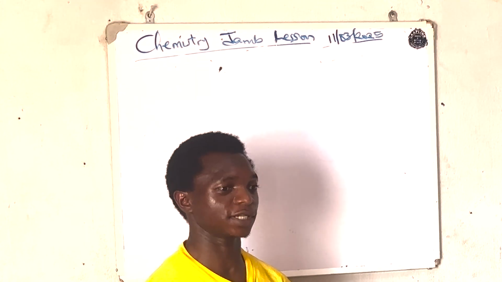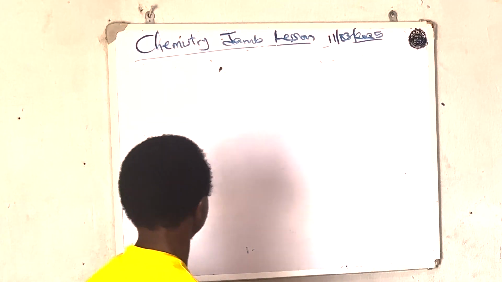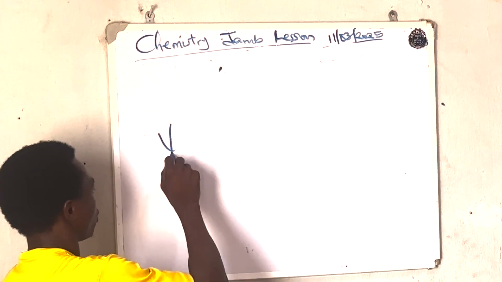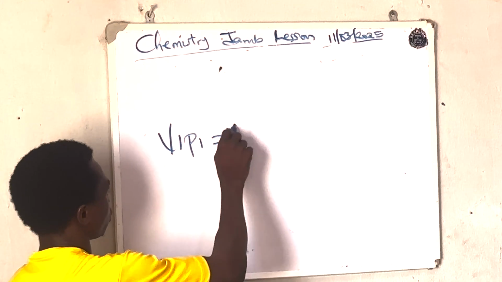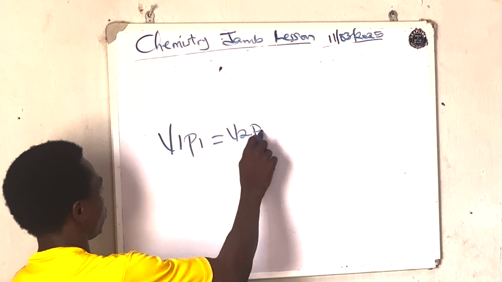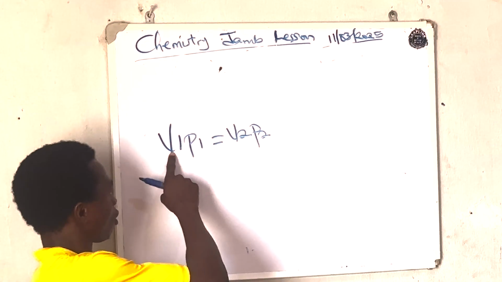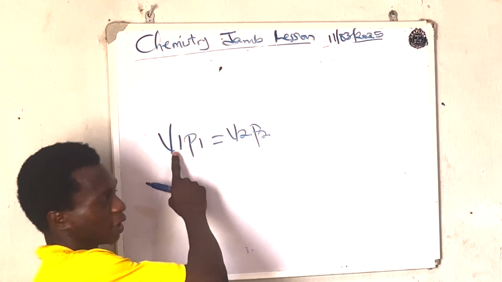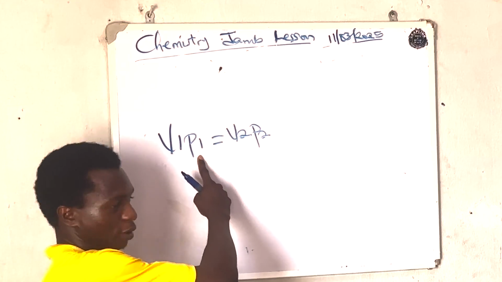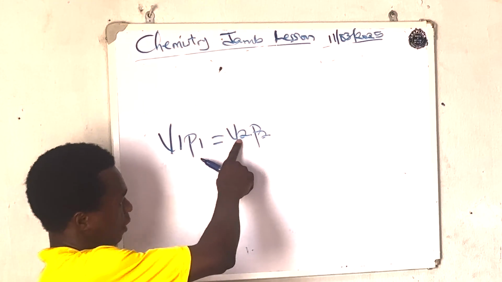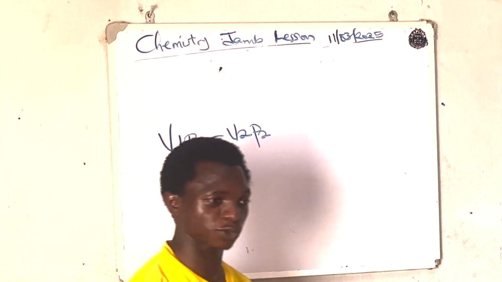Now remember that in our previous video we talked about Boyle's law, which states mathematically as V1 P1 is equal to V2 P2. What does that mean? When the volume of a gas increases by 1, the pressure will decrease by 1. When the volume increases by 2, the pressure decreases by 2.